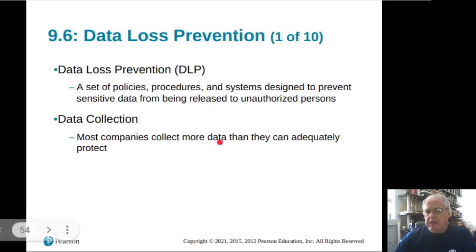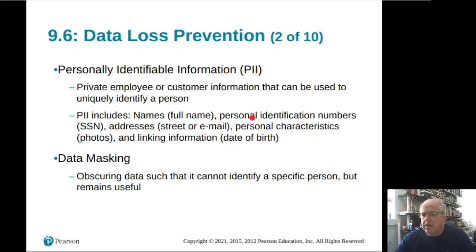Now remember, we have our data loss prevention, basically going over various concepts dealing with preventing data being released to unauthorized persons. You separate the data out. Anything that's personally identifiable isn't in the same database where it may possibly get stolen. You only have information, you don't have who it's tied to.